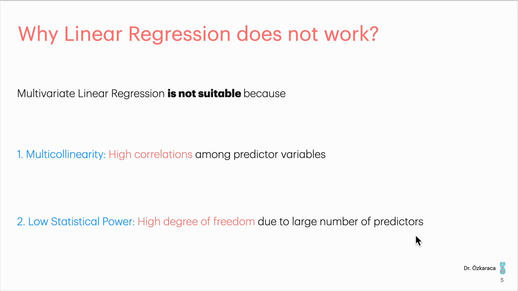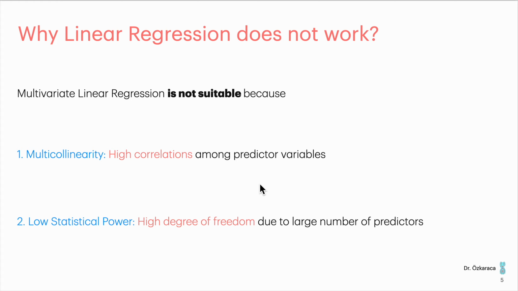It's not suitable because, one, there is multicollinearity in our dataset, which means that there is a high correlation among predictor variables due to the strong correlation between the genetic variants. We cannot really run multivariate linear regression.